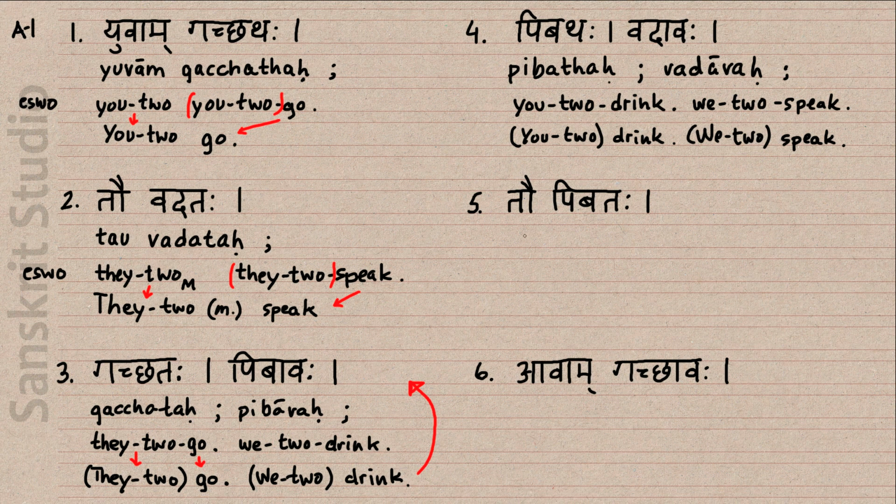Okay, so number 5 then. Tau pibataha. Let's transliterate first. Tau pibataha. And whenever we hear the taha there, we know it's third person dual.